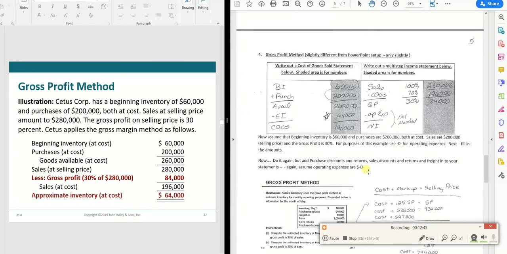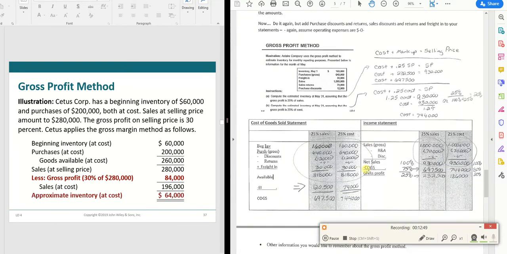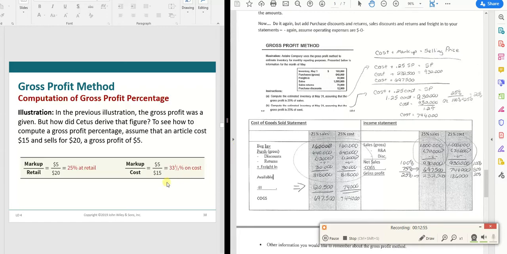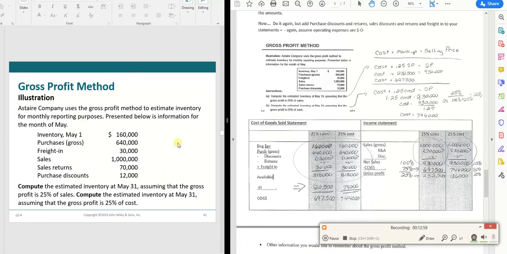Okay? Now let me complicate it a little bit more. And let's add some purchase discounts and returns. Okay, so I have beginning inventory plus purchases equals available minus ending inventory is cost of goods sold.